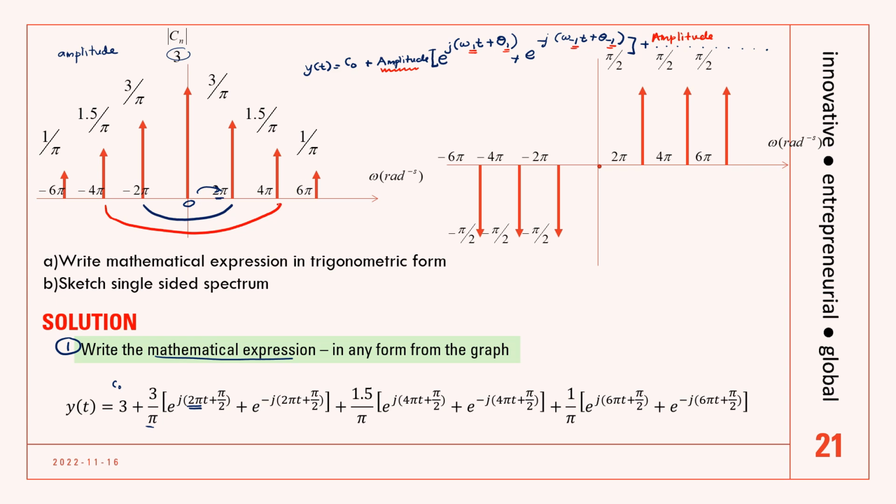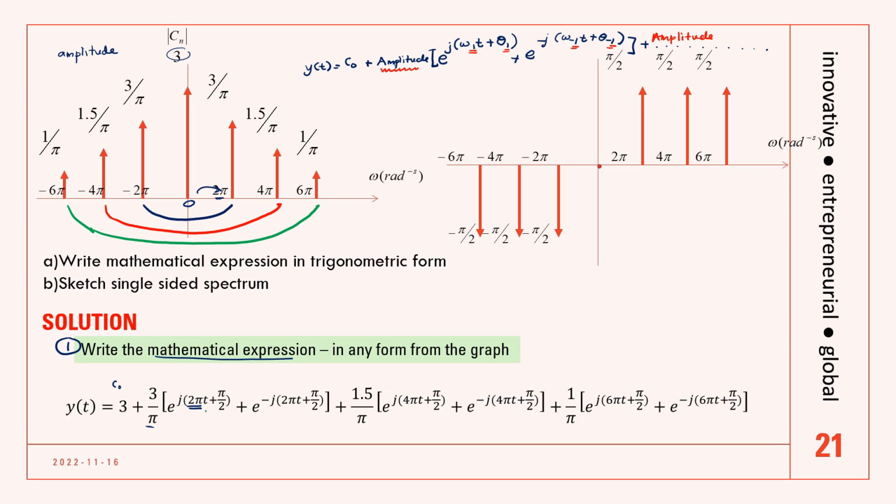This and this are always in one term. And then this and this are always the next term, and then the next term is going to be this and this. All right. Okay, so next we're going to have the amplitude, and then e to the j omega 2 t plus theta 2, and then plus exponential minus j omega minus 2 t plus theta minus 2. Okay, and so on.